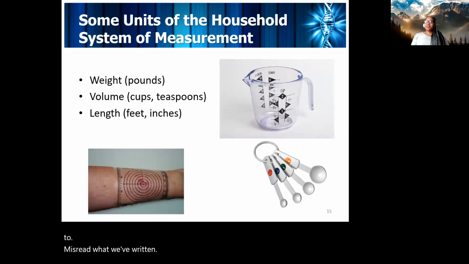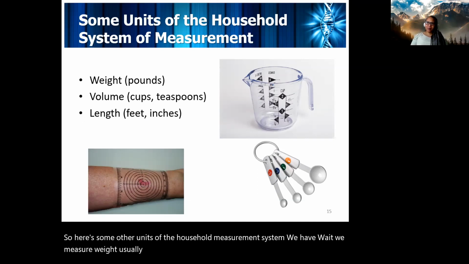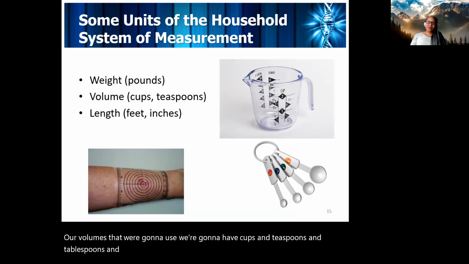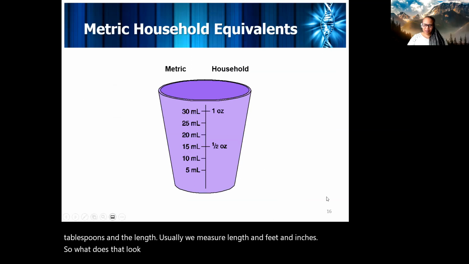So here's some other units of the household measurement system. We have weight. We measure weight usually in the United States by pounds. Our volumes that we're going to use, we're going to have cups, teaspoons, and tablespoons. And the length, usually we measure length in feet and inches. So what does that look like when we are doing conversions?